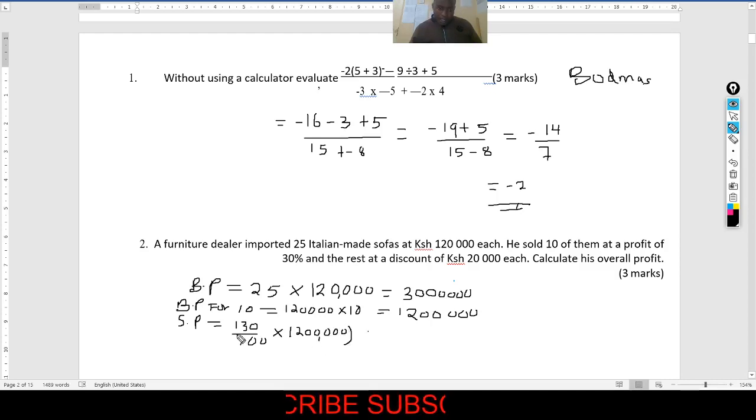Then plus the selling price of the rest, which were sold at a discount of 20,000. The rest was 15, sold at 100,000 each, so 15 times 100,000.